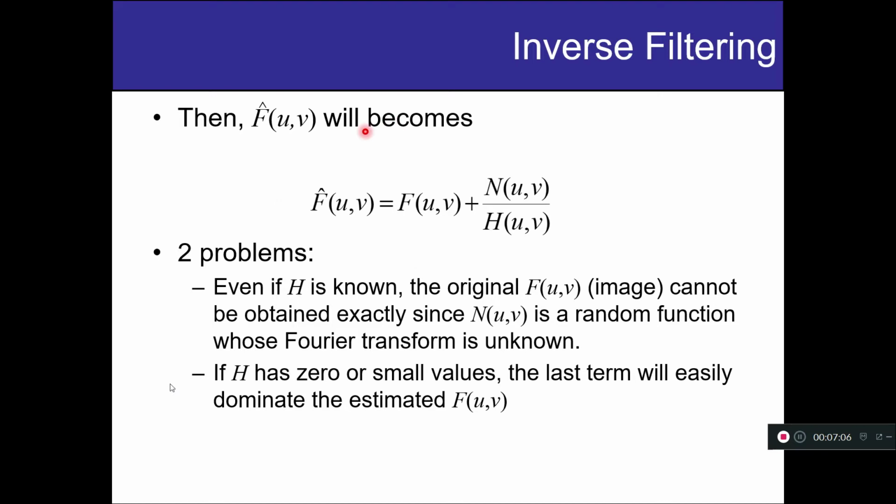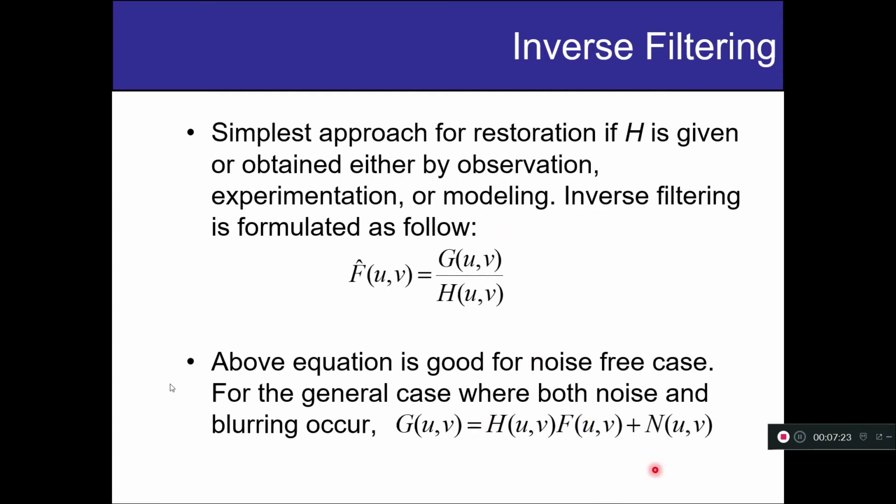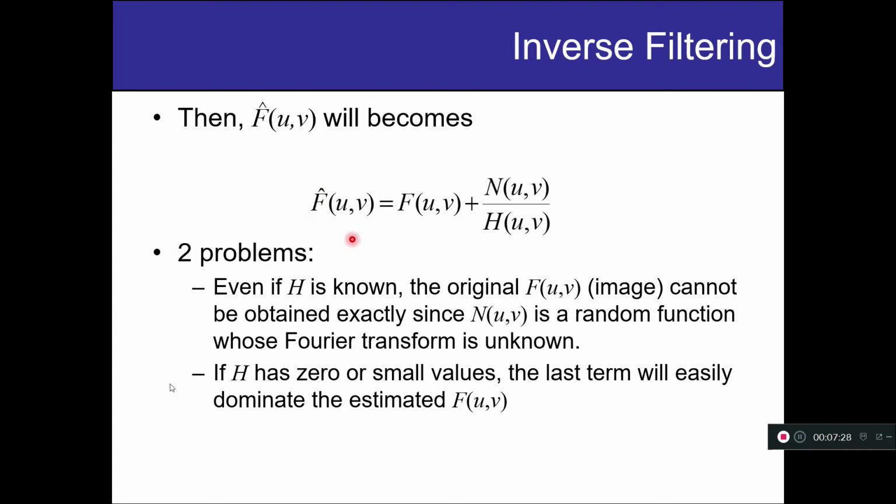And now the problem is, again, our objective is we want to make sure that our F head is as close as possible to our F. So that means from this equation, once you divide G with H, you can simplify it as this equation.